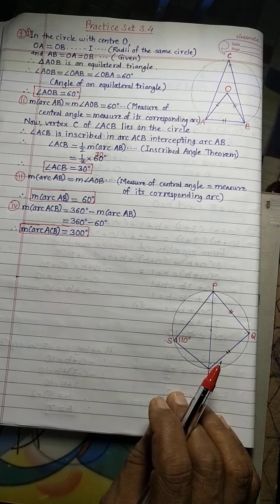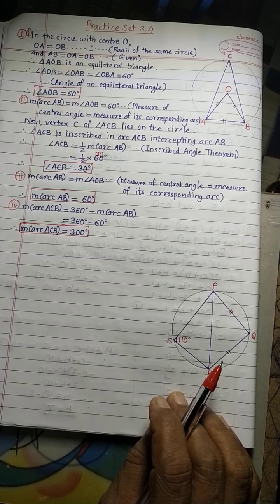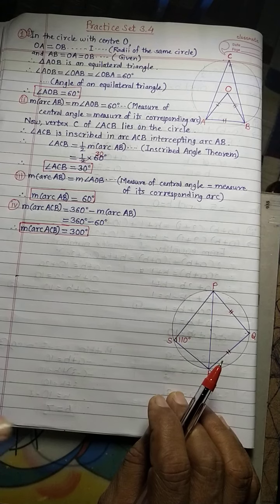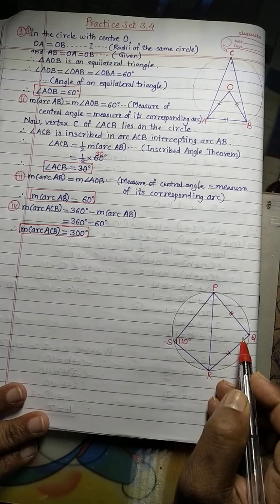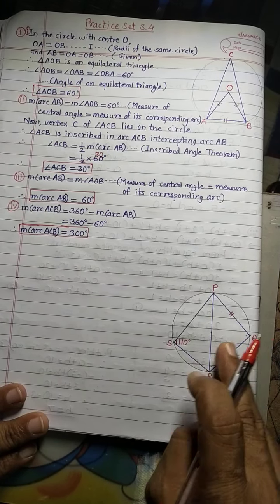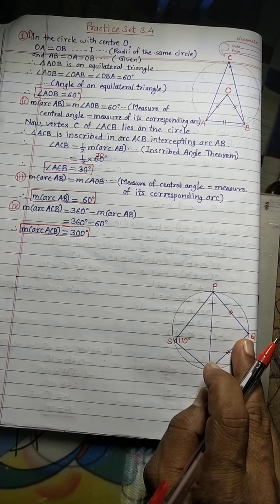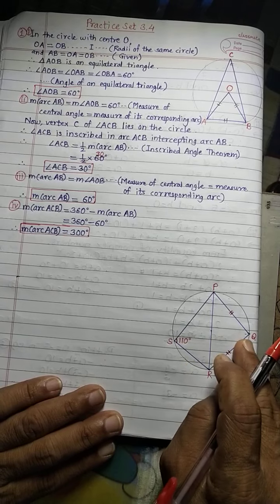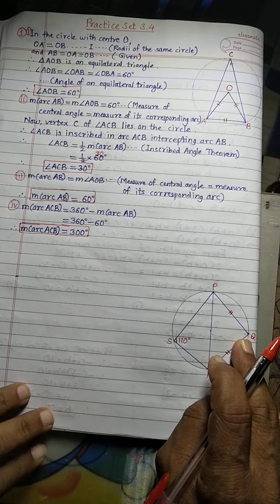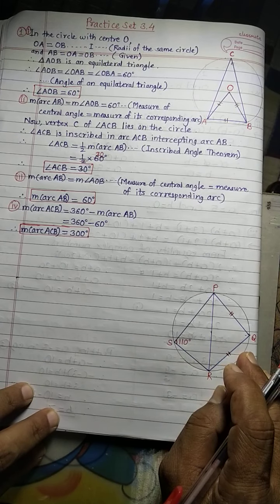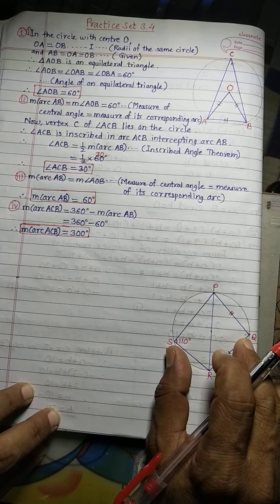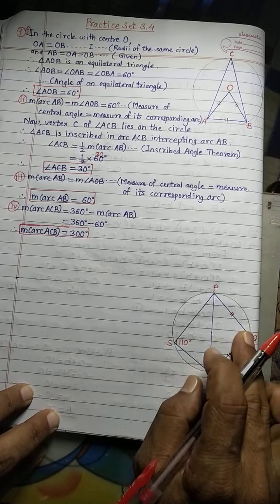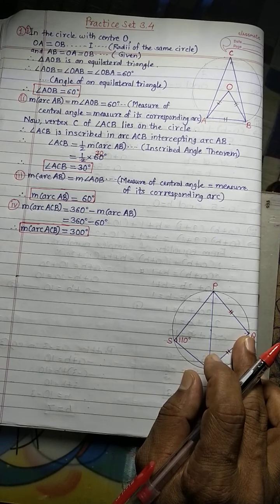So by the cyclic quadrilateral theorem, opposite angles of a cyclic quadrilateral are supplementary.